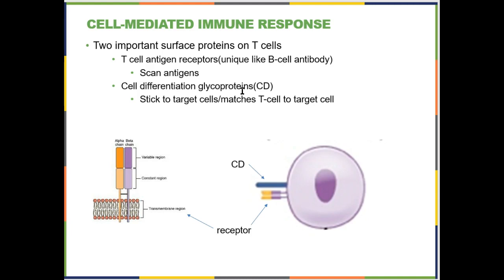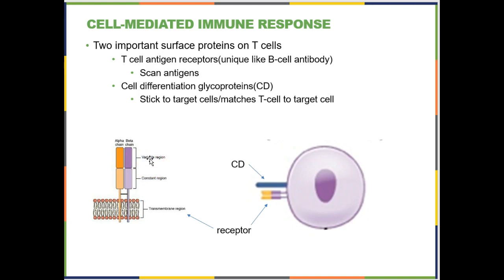All right, so getting back to the T cells, there are two important receptors on both your cytotoxic T cells and your helper T cells. They each have a receptor which looks like this over here, and just like the antibody, it has a variable region and a constant region. You can think of these as being exactly the same as an antibody, only they always stay stuck in the membrane like a receptor, but they are going to be as variable as antibodies are.